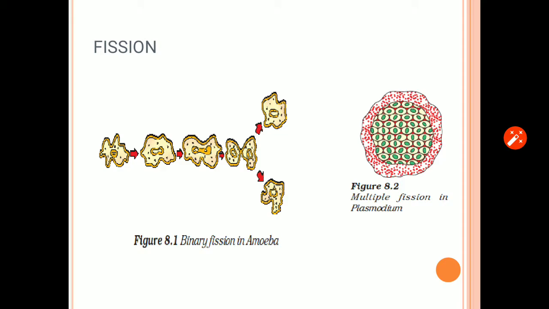In binary fission, there is no cyst or cover formation, while in multiple fission, cyst formation takes place. A cyst is a hard cover-like structure surrounding the parental cell. In binary fission, only two daughter cells are formed from one parental cell, and in multiple fission, more than two daughter cells are formed from one parent. So these are some common differences between binary fission and multiple fission.